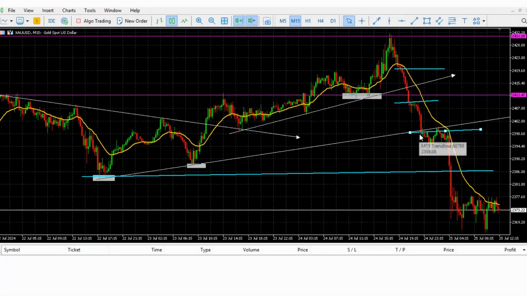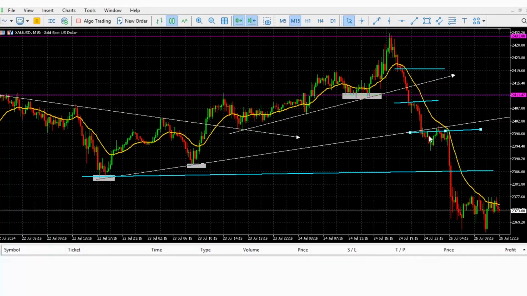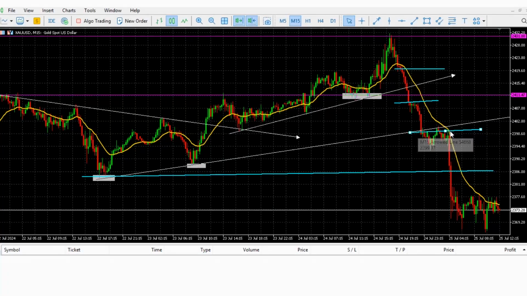Let's assume you took a sell trade when the price rallied to this 20 EMA. As the price got to the 20 EMA, it made a little consolidation before it collapsed down. It went to this low, went up, came down, and went up again before it collapsed.